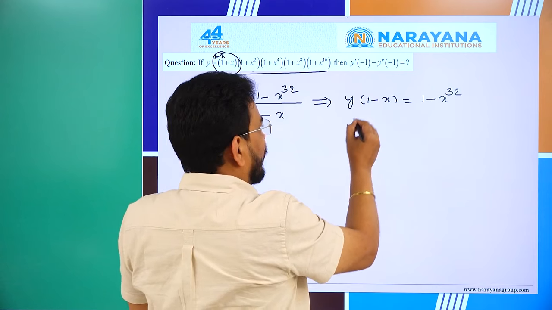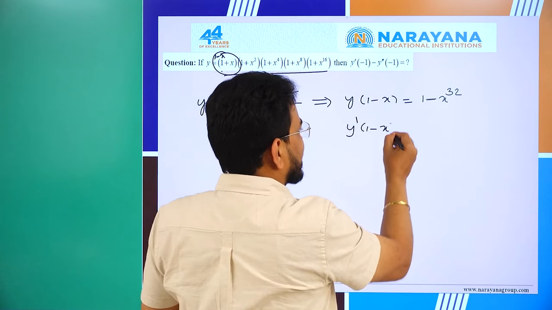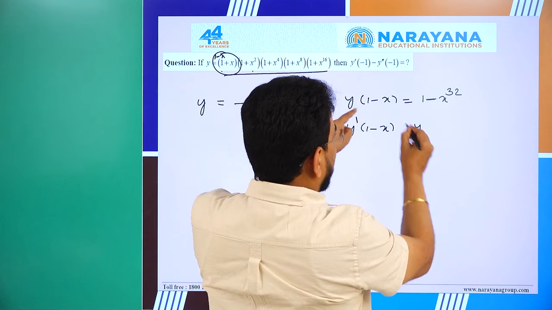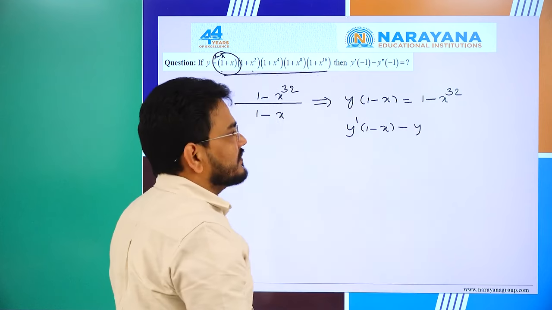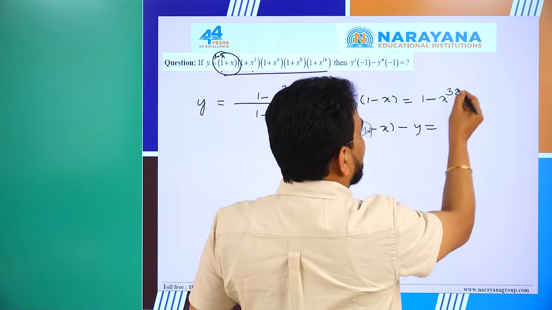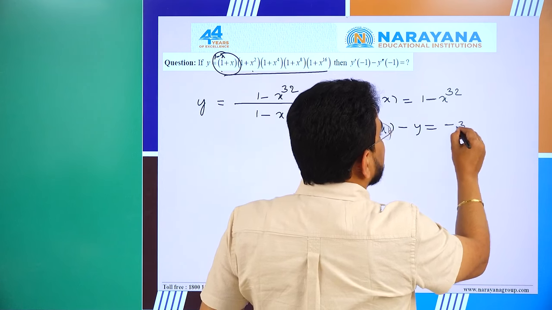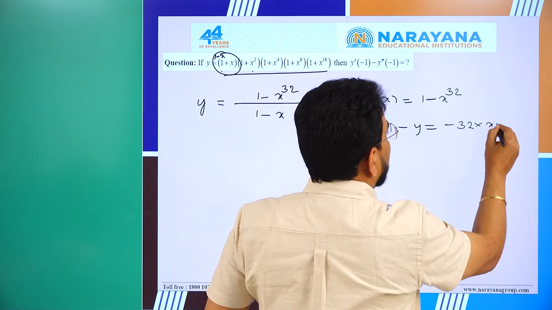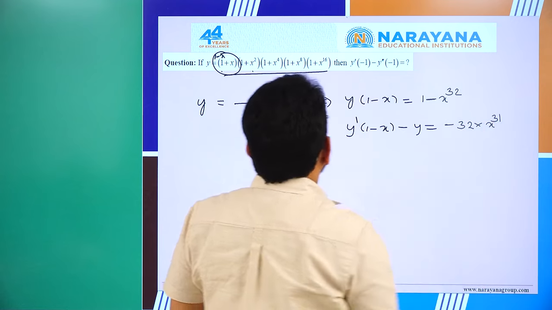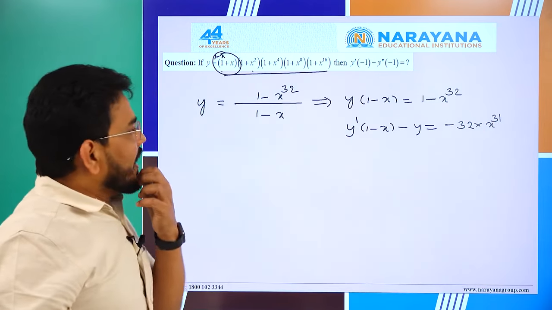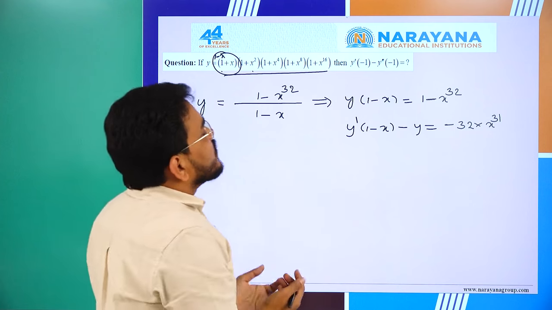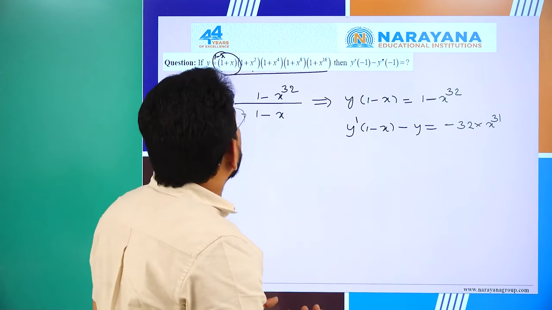Differentiate: y dash into 1 minus x, plus y into the derivative of this, which is minus, is equal to, what is the value? Minus 32 into x to the power of 31. So substitute x is equal to minus 1.